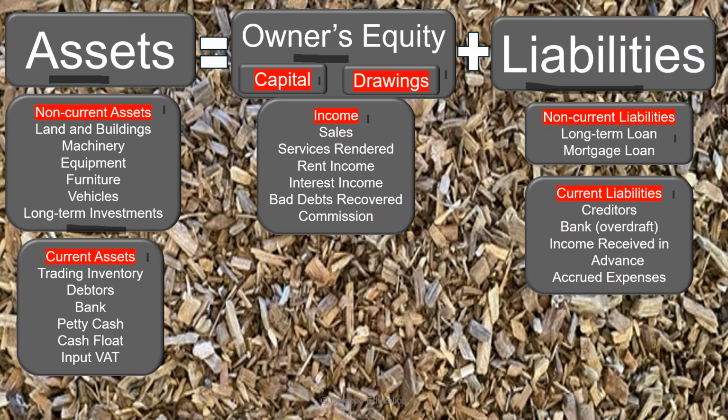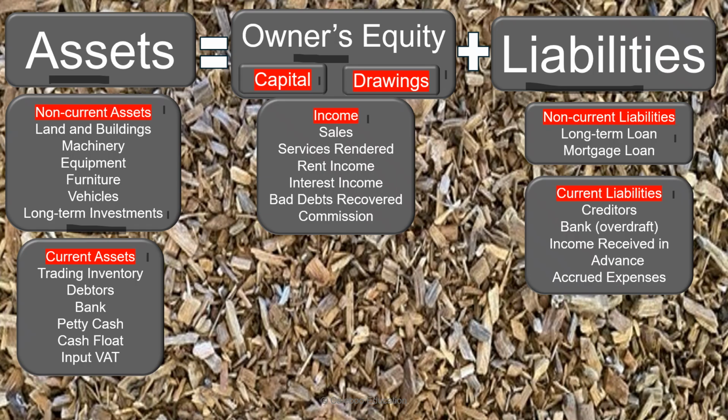These other non-current assets are self-explanatory, but a long-term investment would be, for example, if you took out a fixed deposit, you invested extra money that you have on hand into a high interest earning account, and you earn interest on that fixed deposit.